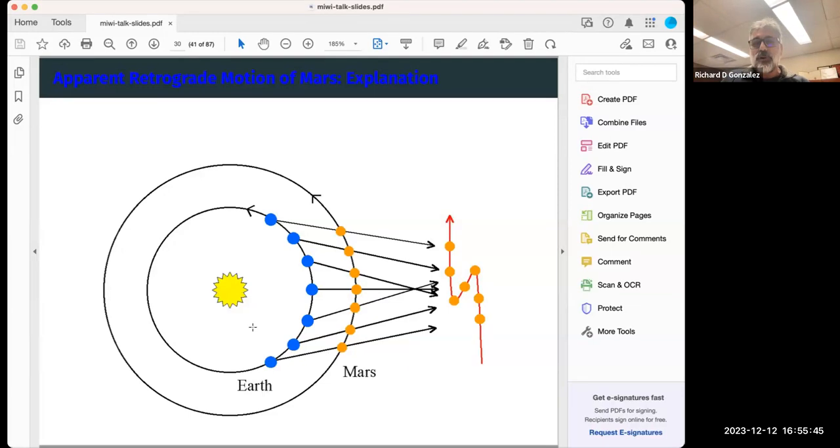If it's winter solstice versus summer solstice, depending what side of the orbit we're on, Mars will look to be slightly different, and sometimes we'll have these little curly patterns in the path. It's not that Mars actually followed that path, it's that it looks like that to us because of where we are relative to the sun and Mars.